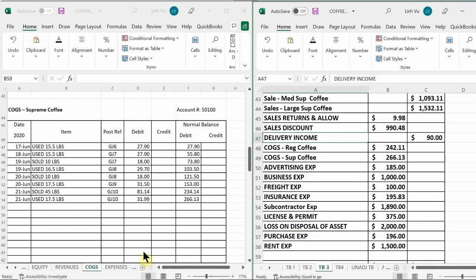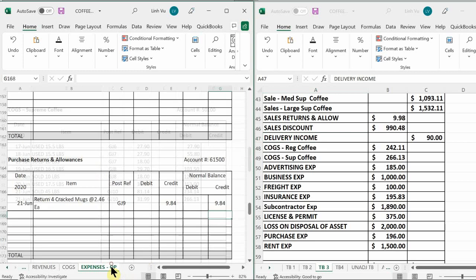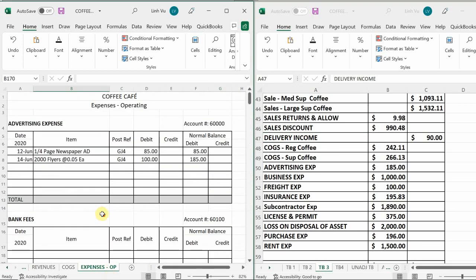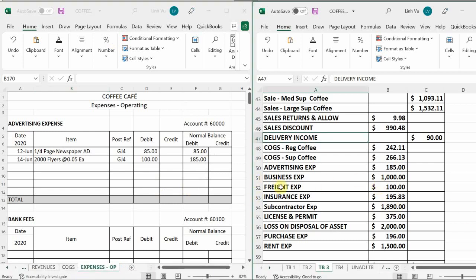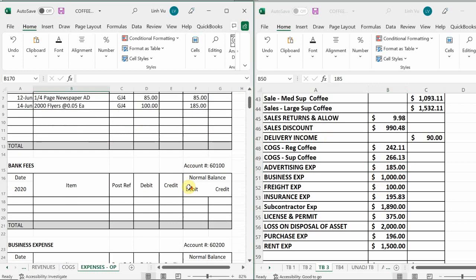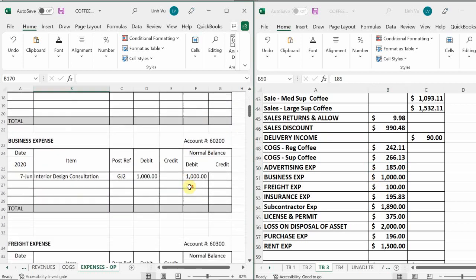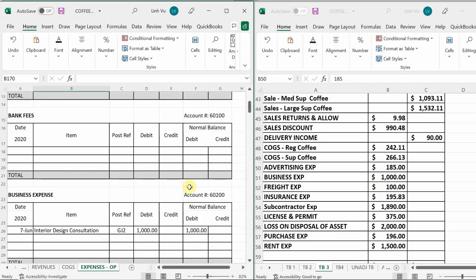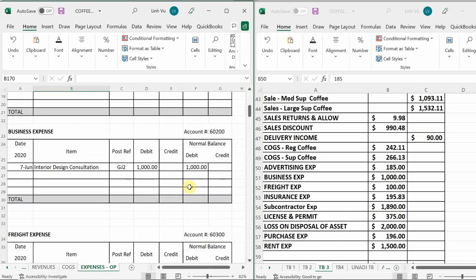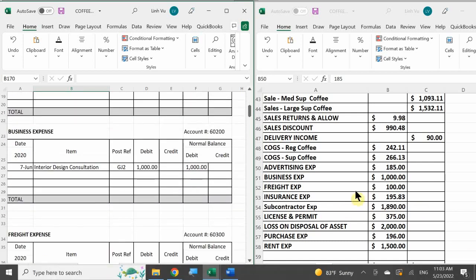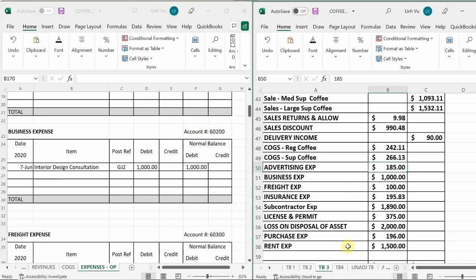Then we're going to go through our expenses now, the last section. Starting from the very beginning, advertising expense. How much is it? 185 debit, it stays the same. Any bank fees? We don't have any. What about my business expense? It's 1,000, the same.